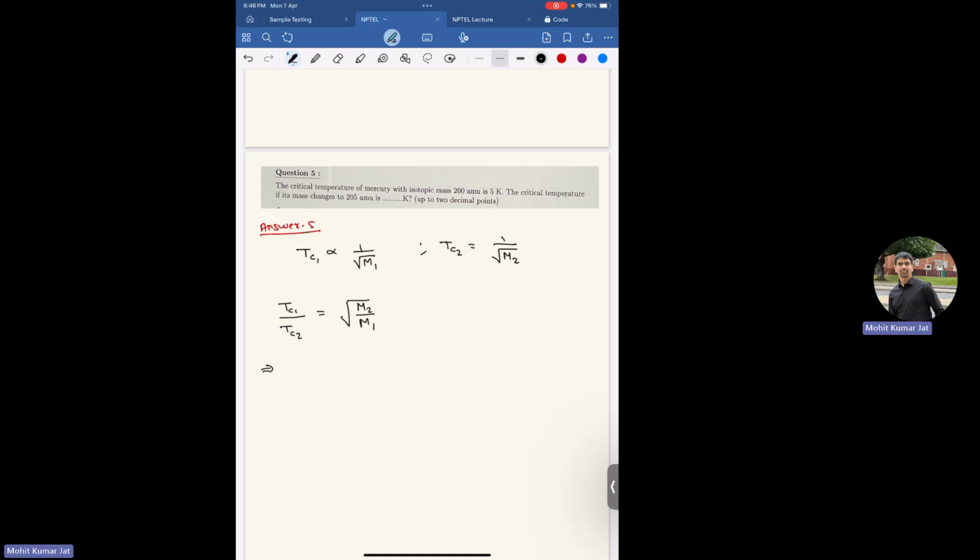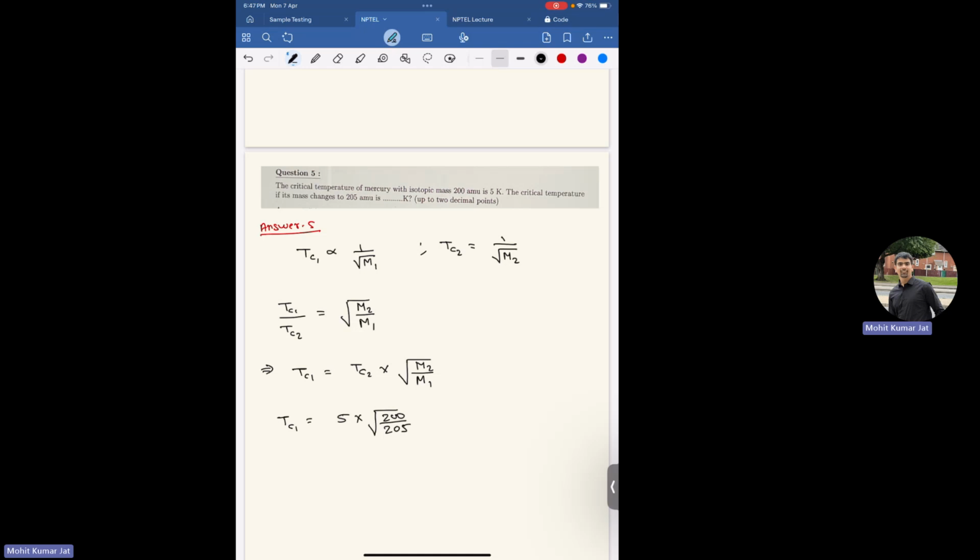Now if we want to extract Tc1, it will be Tc2 times root m2 by m1. Tc1 will be Tc2, already given as 5, m2 given is 200, m1 is 205.